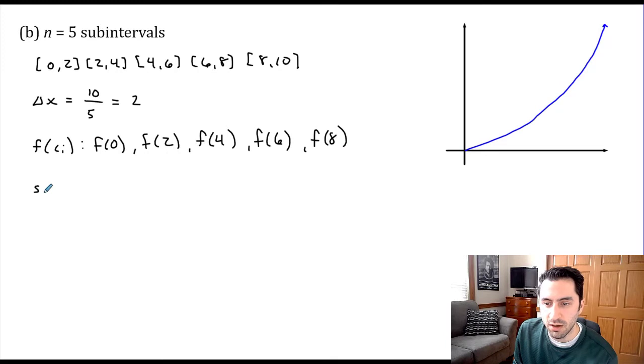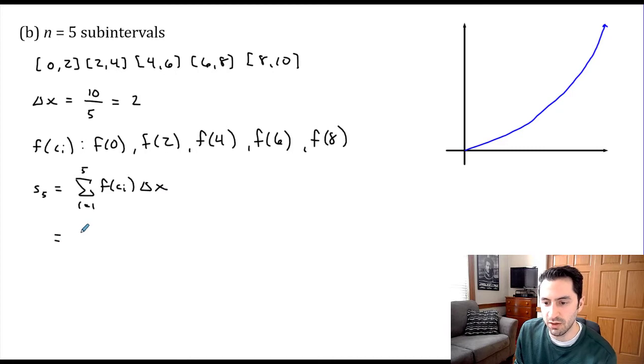So for our sum of 5 rectangles, again we'll use our sigma notation. We're starting at 1 and going up to 5. f of c sub i indicates the height of the rectangle, times delta x, which indicates the width of the rectangle.